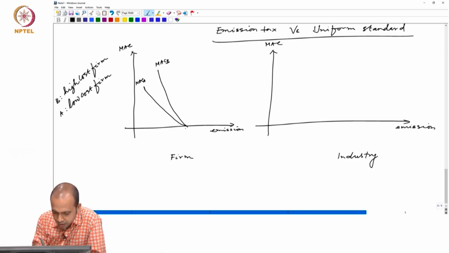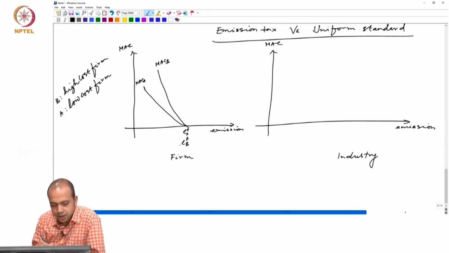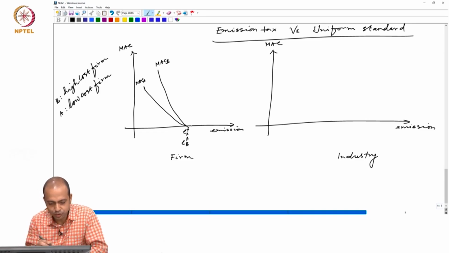Right. And both these MACs, that means they both are generating EFA and EFB. So, both are generating this amount of emission.